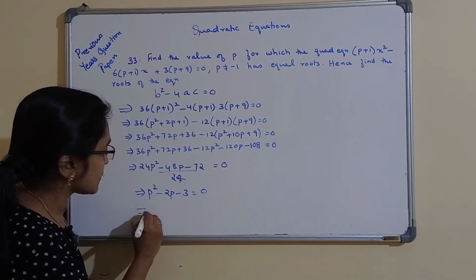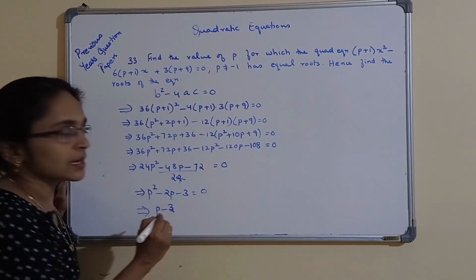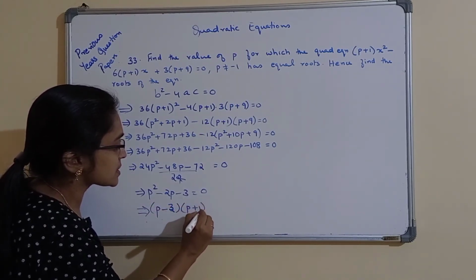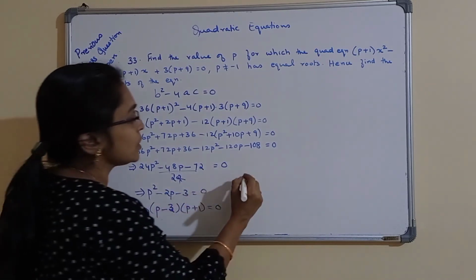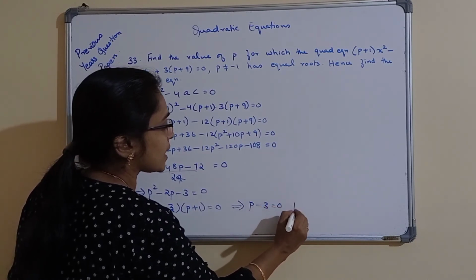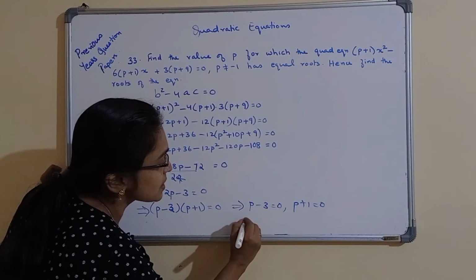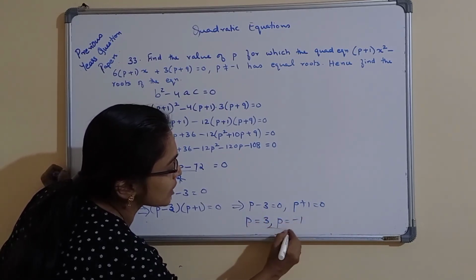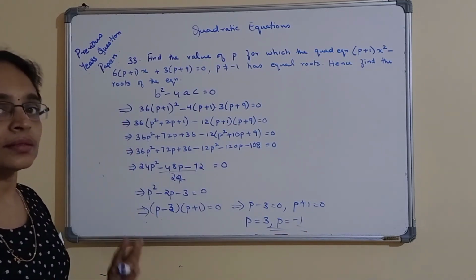Which means p minus 3 into p plus 1 is equal to 0, which implies p minus 3 equal to 0 and p plus 1 equal to 0, and this means p equal to 3 and p equal to minus 1. So the values of p here are minus 1 and 3.